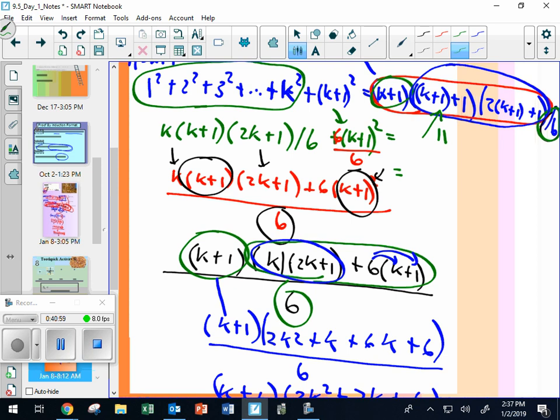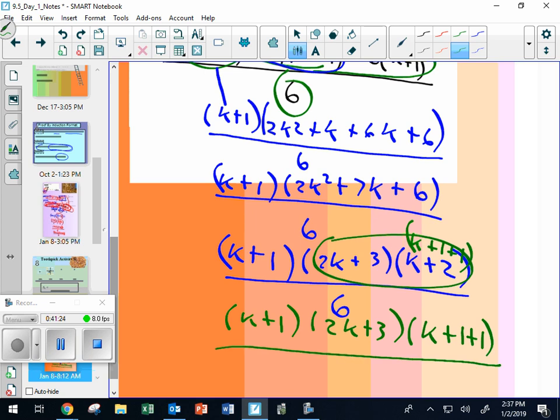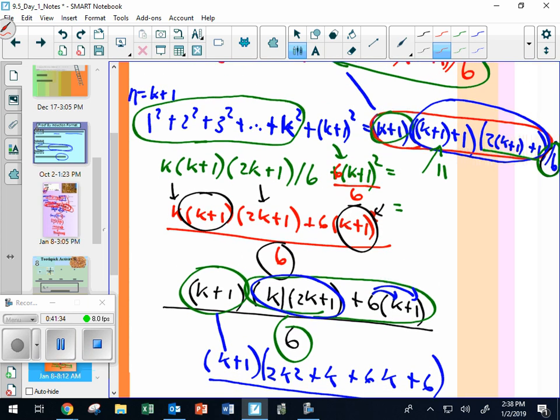And then the last thing I have to do is make the other part 2 times quantity k plus 1 plus 1. So I'm going to rewrite this. Only this is different than that.